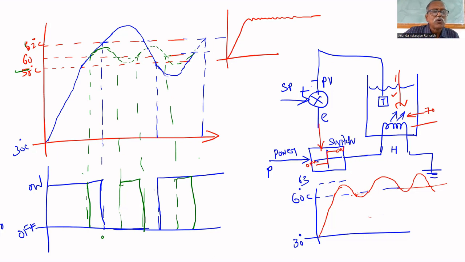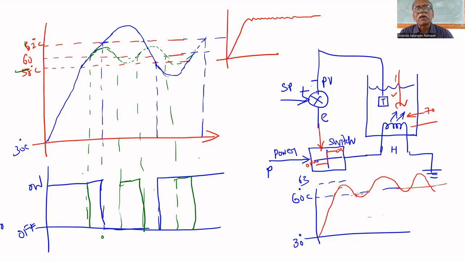Earlier, it went slightly above the set point, up to 63 as we have seen. Now it goes up to 66. So if you introduce a differential gap, the magnitude of wandering will be more, but the number of wandering, the number of on and off of the controller, can be reduced.